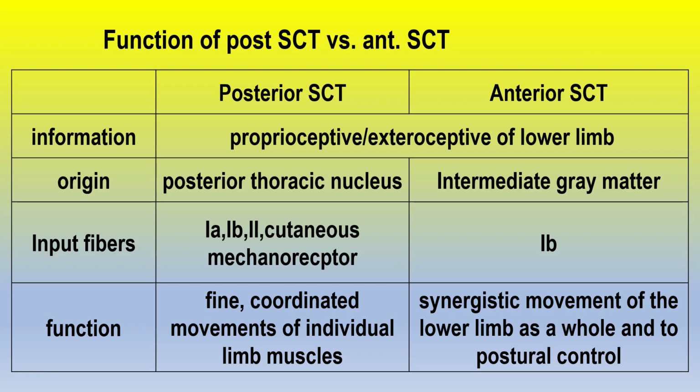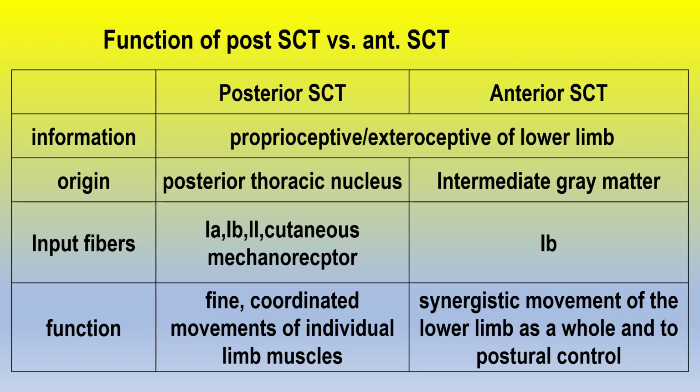Although both the posterior and anterior spinocerebellar tracts convey proprioceptive and exteroceptive sensory information from the lower limbs, they differ functionally.